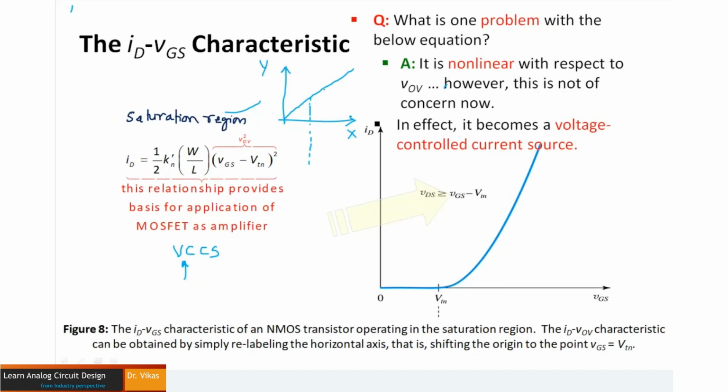If I pass some input onto this XY graph, and since I'm talking about amplification, let's pass an analog signal, then the output I observe here would be a completely unclipped waveform.